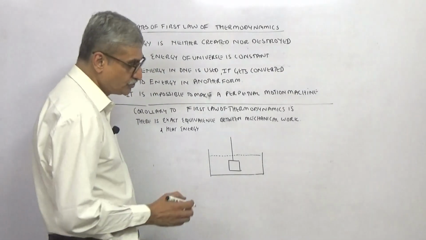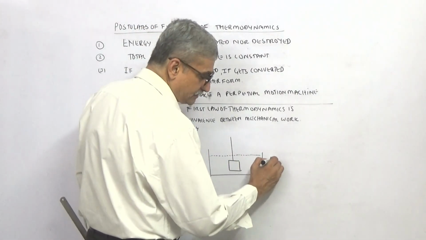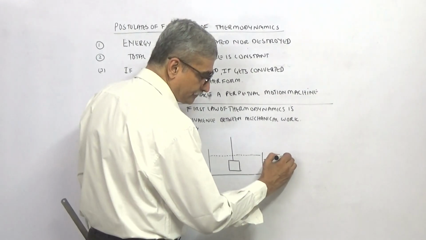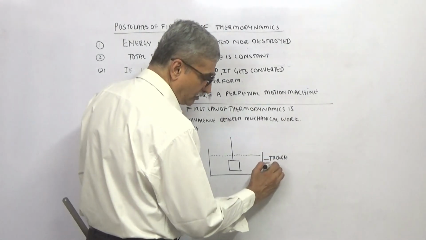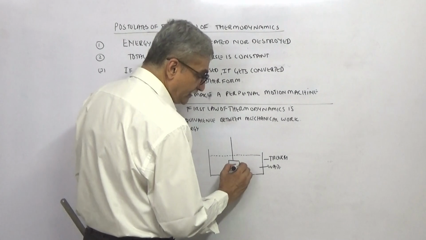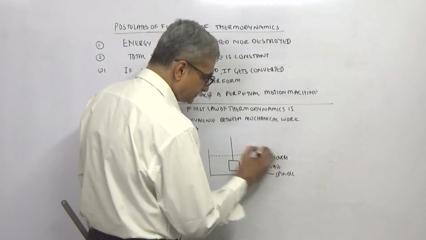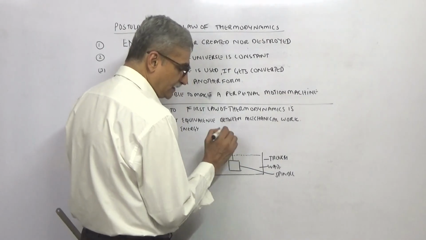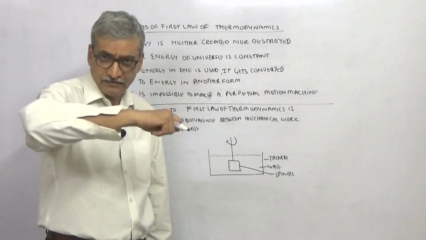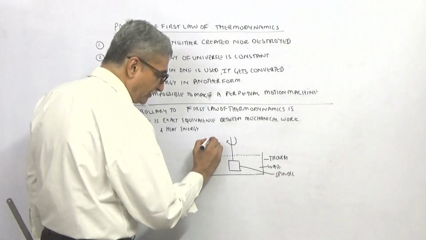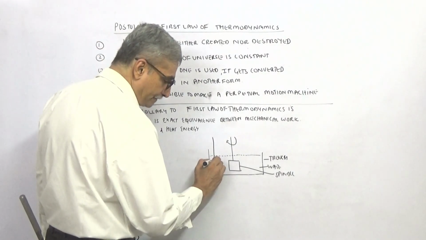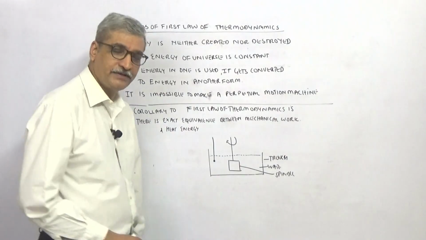So what happened was Joule took a trough containing water. This is a trough. It contained water. And this was a spindle. So he rotated the spindle. And there was a thermometer over here.